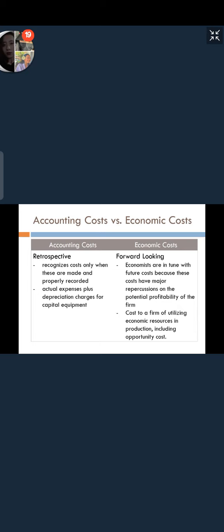So, for example, your tuition fee in accountancy will also be included in economic cost, and the tuition fee you would have paid if you took business ad is added too. That is your opportunity cost.